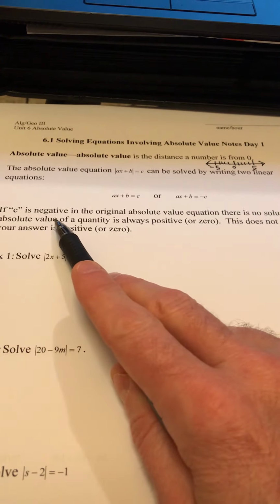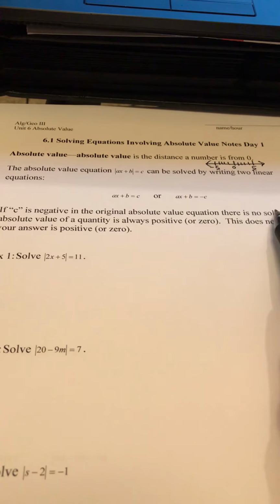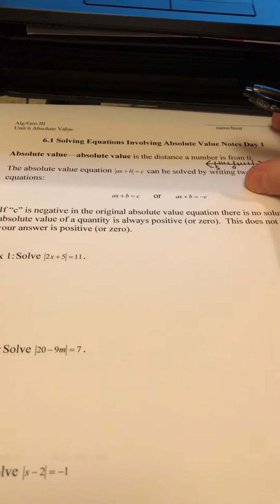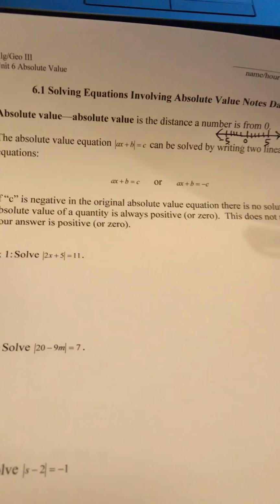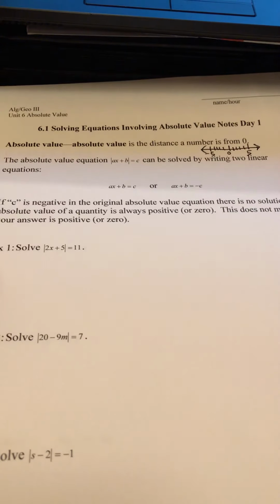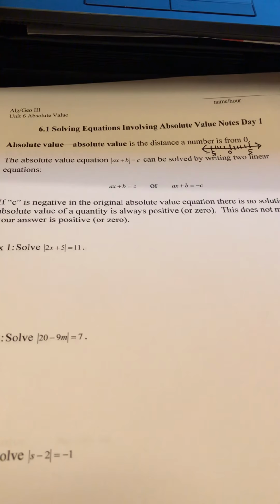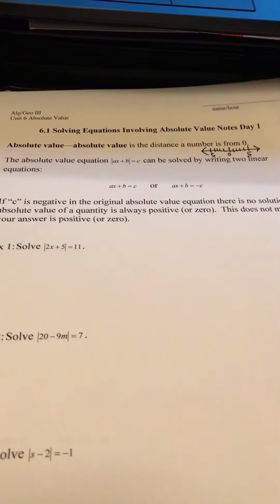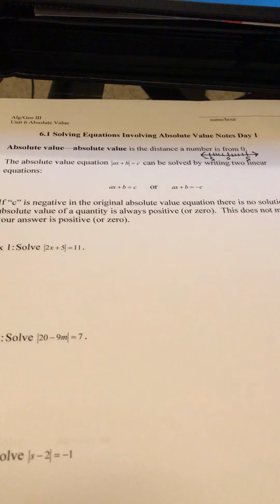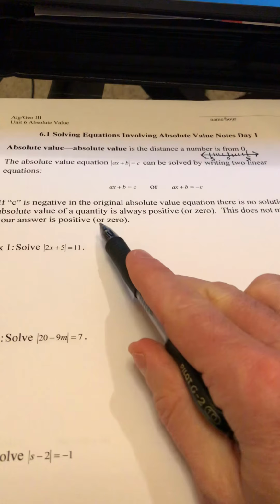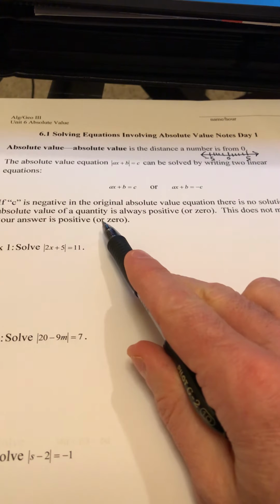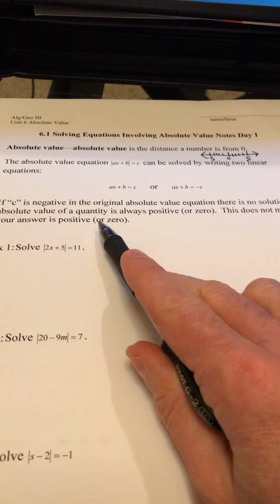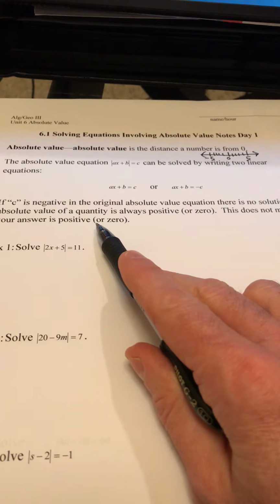Now, if c is negative in the original equation, there is no solution. We'll go over an example or two with that in a few moments, but the absolute value of a quantity is always positive or 0. It doesn't mean your answers can't be negative or 0. The answers don't always have to be positive.